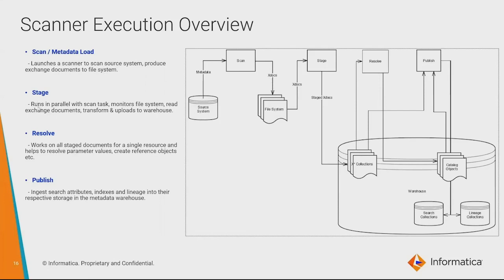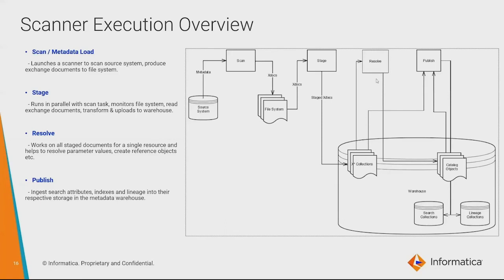And there's a stage job which runs in parallel with the scan task. It monitors this file system, reads those exchange documents, transforms them and uploads them to the warehouse as collections, like extract collections, right? And these collections will be worked on by the resolve job, which works on all the stage documents for a single resource and helps to resolve any parameter values that need to be substituted, and any reference objects that need to be created for missing connections.